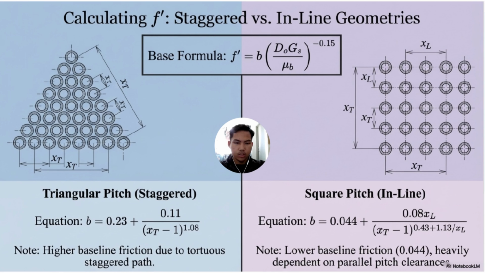As you can see in both formulas, there are XT and XL. XT and XL represent the ratio of the transverse pitch and longitudinal pitch to the tube outside diameter. These precise geometric parameters ensure that our friction factor accurately reflects the physical resistance created by the specific tube layout.